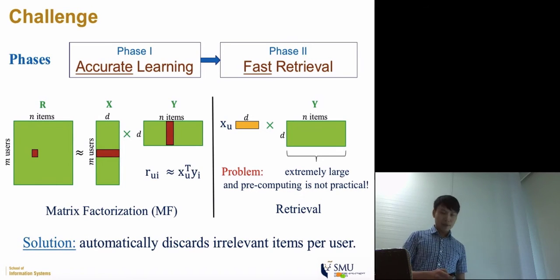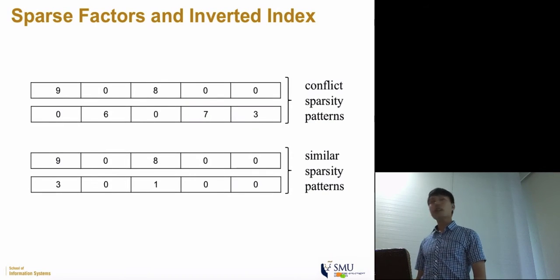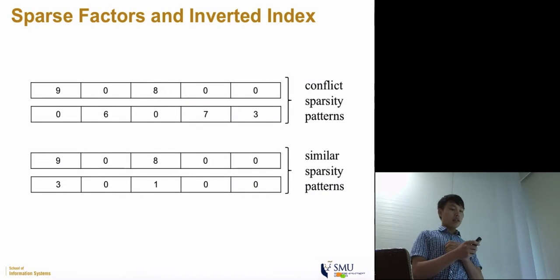All right. So how does the model do it? It exploits the structural properties of sparse vectors, as well as an inverted index representation. So let's first talk about sparse vectors.